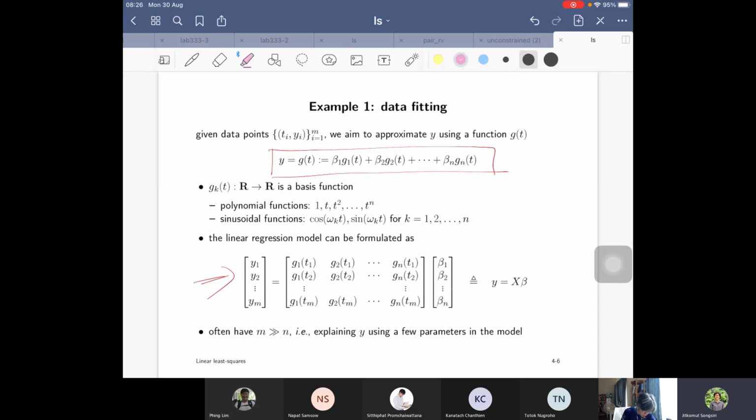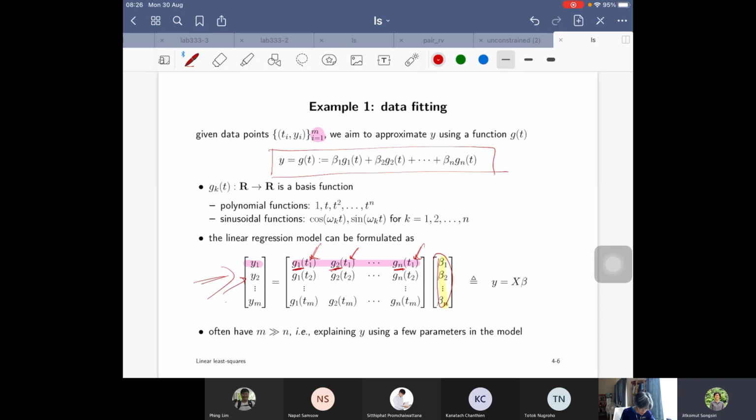So you repeat. Suppose you have i equals 1 to m because you have m measurements. For the first measurement, you form this equation. It's going to be y1 equals function g1 at t1, function g2 at t1, up to function gn at t1, times this vector.